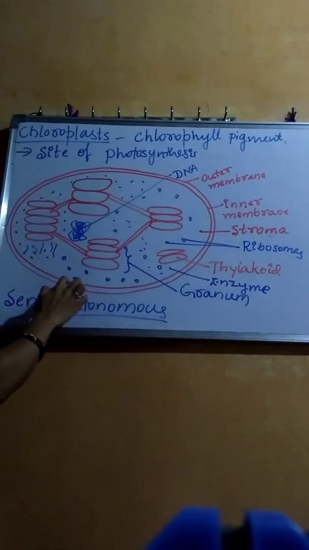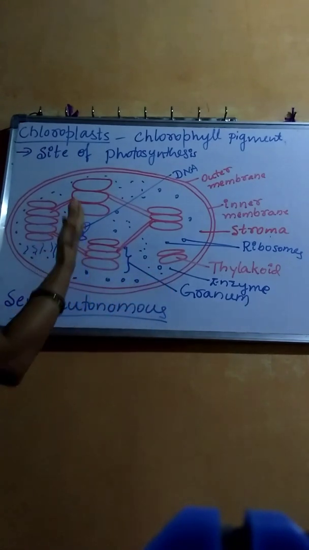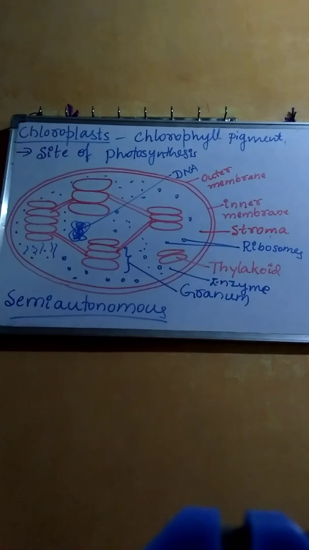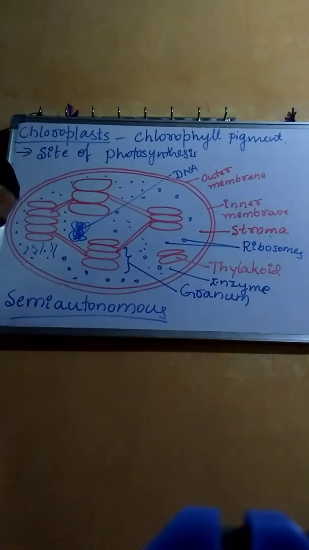They are able to make their own copies because of the presence of DNA, RNA and ribosomes. Hence, it is called a semi-autonomous cell organelle. Mitochondria and chloroplast are both called semi-autonomous cell organelles.